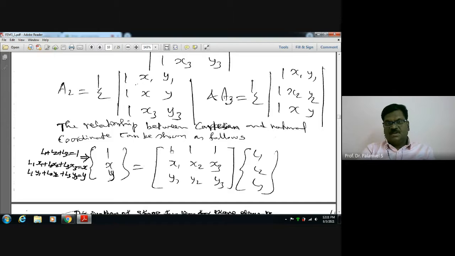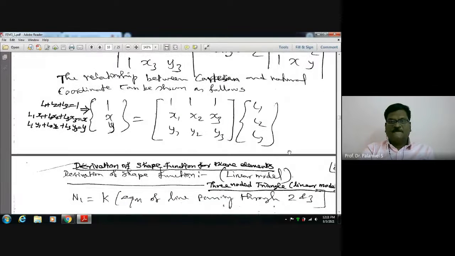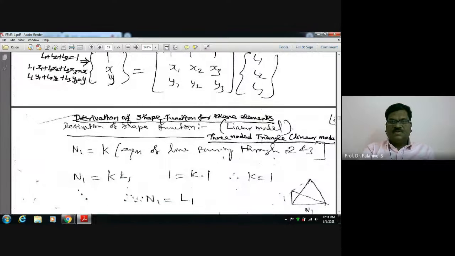We are writing this equation in matrix form. If you multiply, you get 1 equal to L1 plus L2 plus L3, x equal to x1 L1 plus x2 L2 plus x3 L3, and similarly y equal to y1 L1 plus y2 L2 plus y3 L3. This way we can establish a relationship between Cartesian and natural coordinates. The system will do it if required.